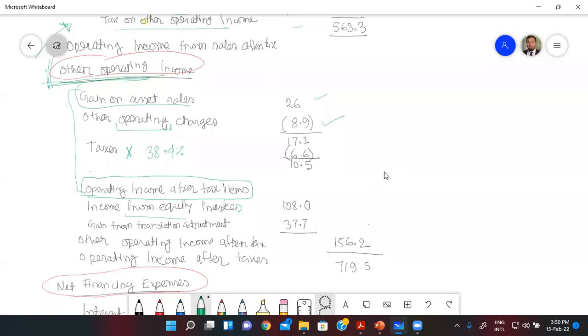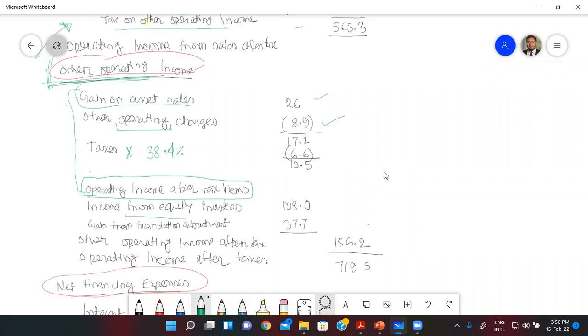We will not use the effective tax rate if it is given; rather, we will use the statutory tax rate.